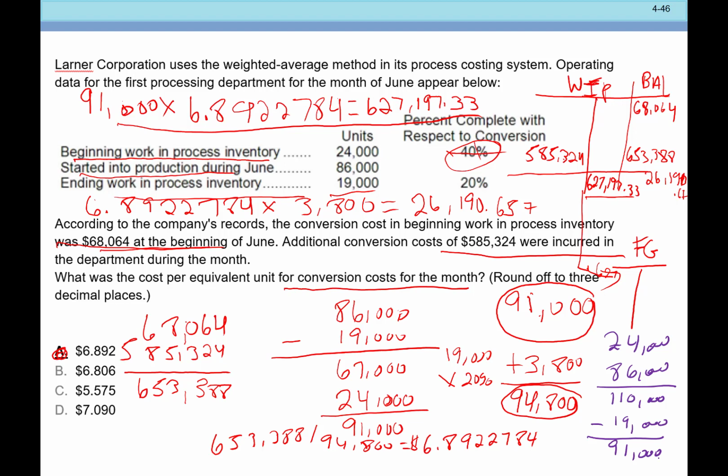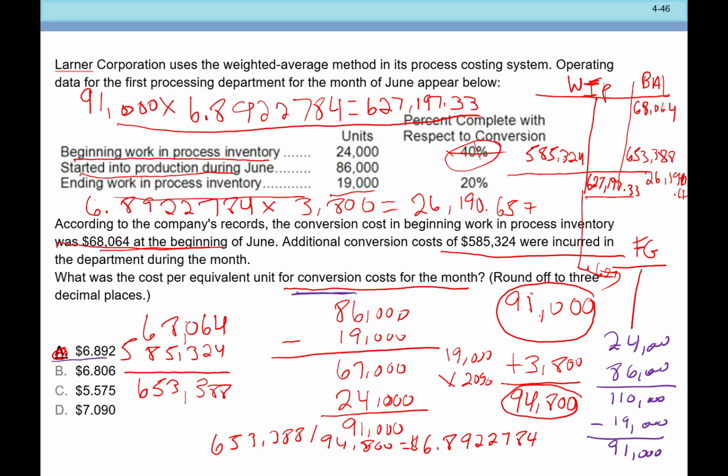So I've got this 91,000, and I know that's my equivalent units, but now I have to figure out the cost. They want the equivalent cost per unit for my conversion costs.